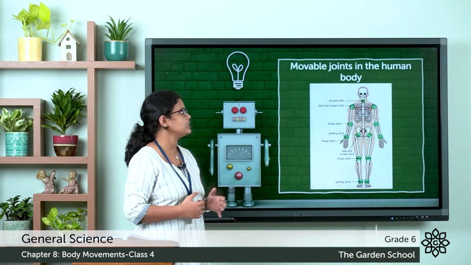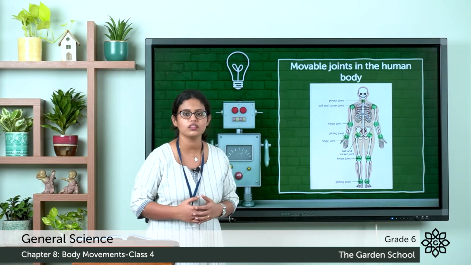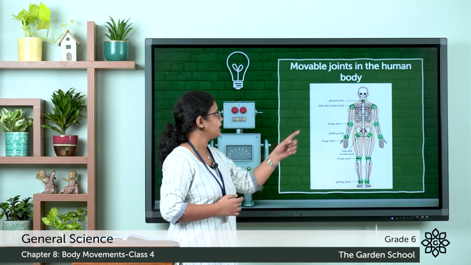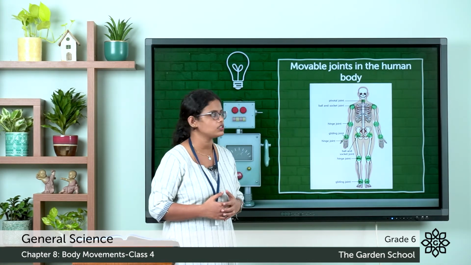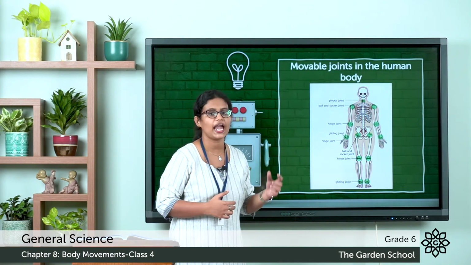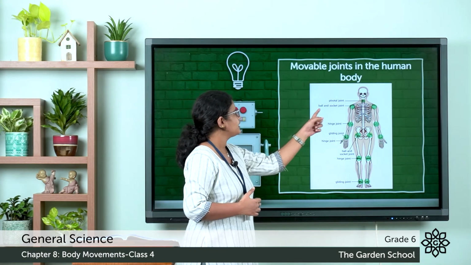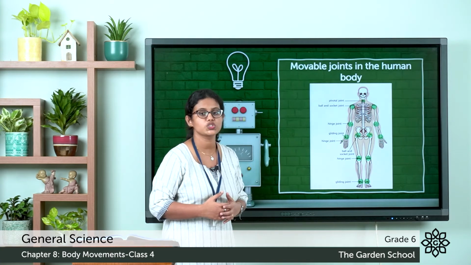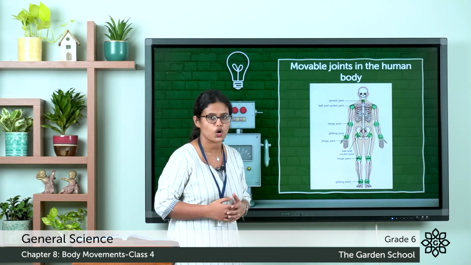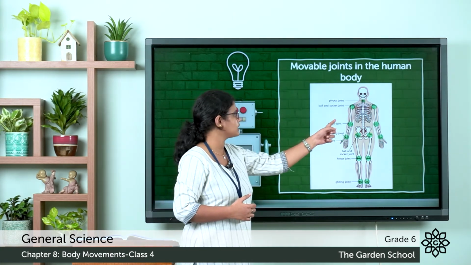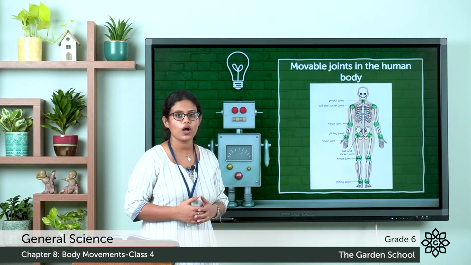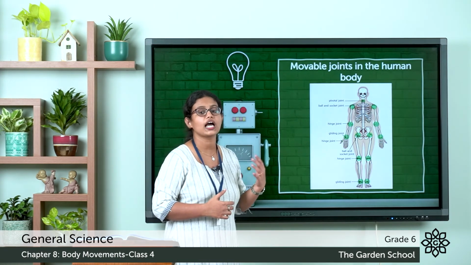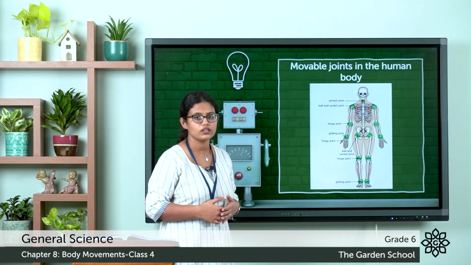So here you can see the movable joints in the human body. Here you can see the pivotal joint, that is between the head and the neck. Here you can see the shoulder. The shoulder has a ball and socket joint. Then this is the elbow and the elbow has a hinge joint that allows movement only in one direction.